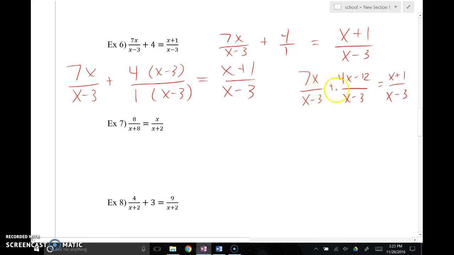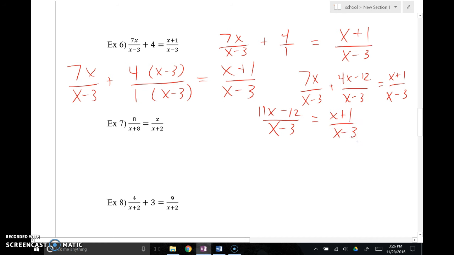Now, I can combine these top terms because of the common denominator. So x minus 3 on the bottom, 7x and 4x is 11x, minus 12 equals x plus 1 over x minus 3.